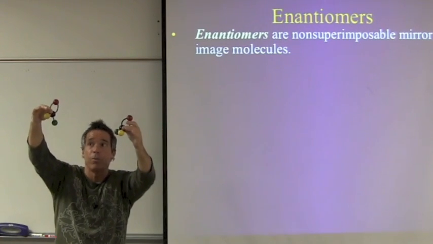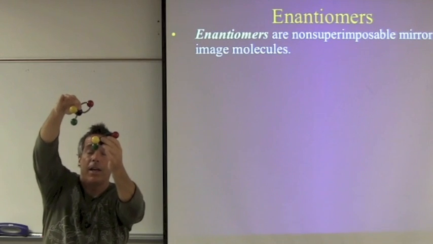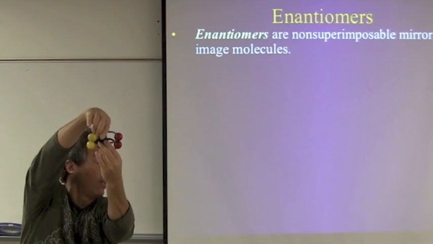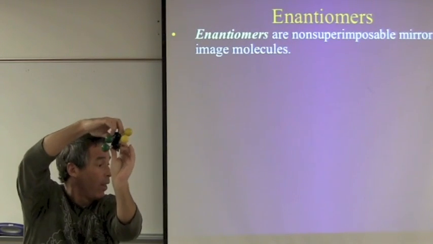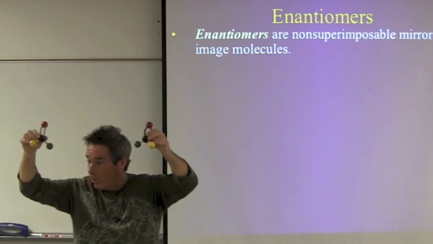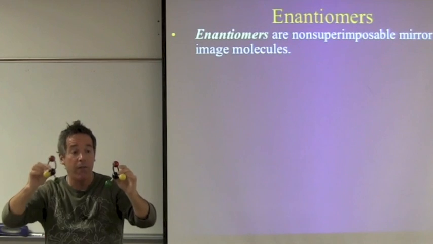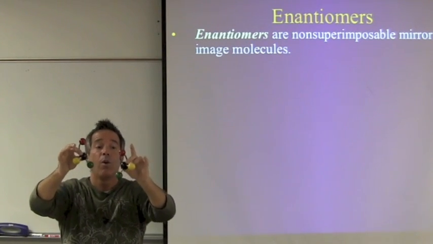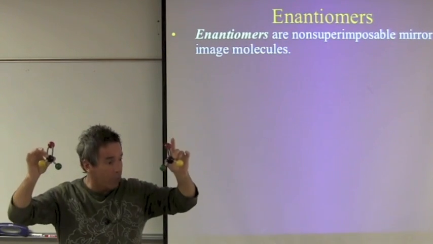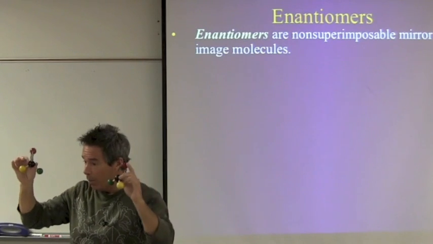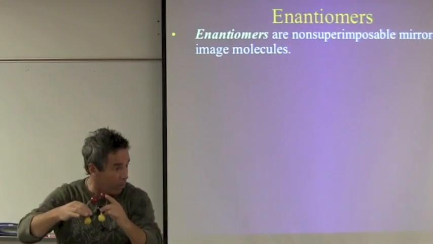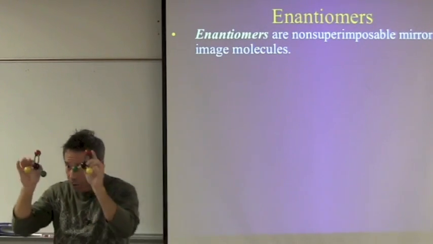Notice they're superimposable. I'll bring them together and everything lines up. The red lines up with the red, the yellow with the yellow. So these 2 mirror images are identical. When you have a carbon with 1 or 2 or 3 groups on it, their mirror images are superimposable. It's the same molecule. There's no difference.